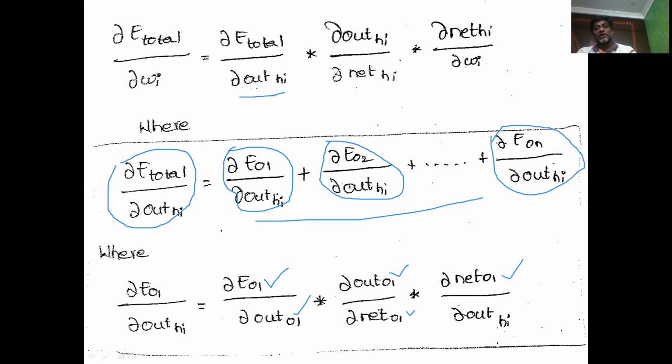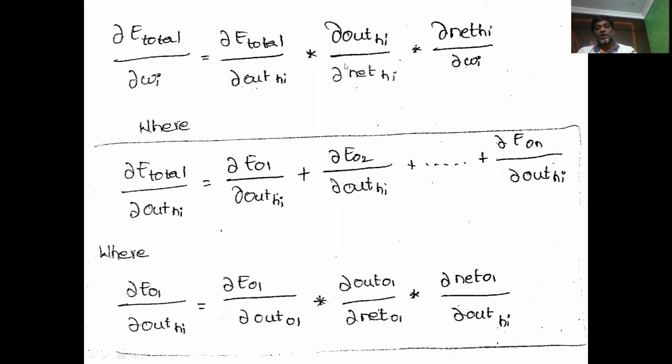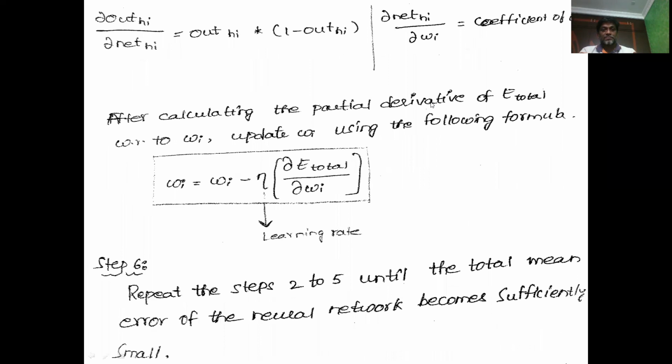Into what is that second term? Second term is ∂out_Hi/∂net_Hi. So how do we calculate this ∂out_Hi/∂net_Hi? It is very simple. ∂out_Hi/∂net_Hi is calculated as out_Hi into 1 minus out_Hi.